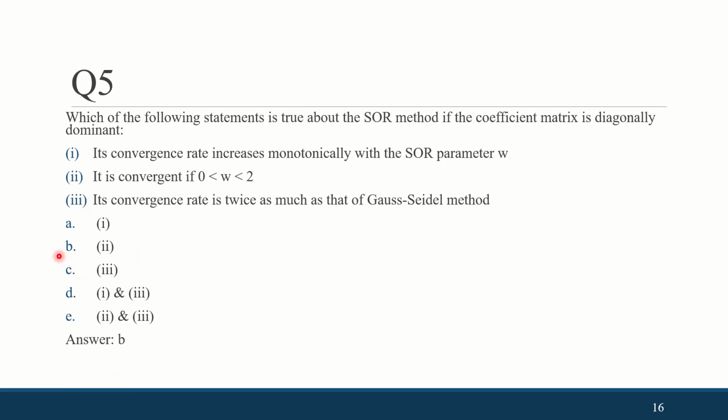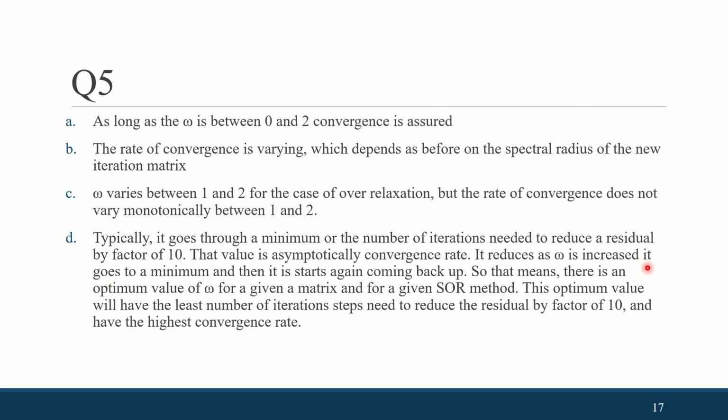That is also false, because it is not twice. It is more, but we cannot say twice. So 1 and 3 are wrong, and 2 is right but 3 is wrong. The answer to this is option B, the second statement: it is convergent if omega is between 0 and 2. As long as omega is between 0 and 2, convergence is assured in SOR.